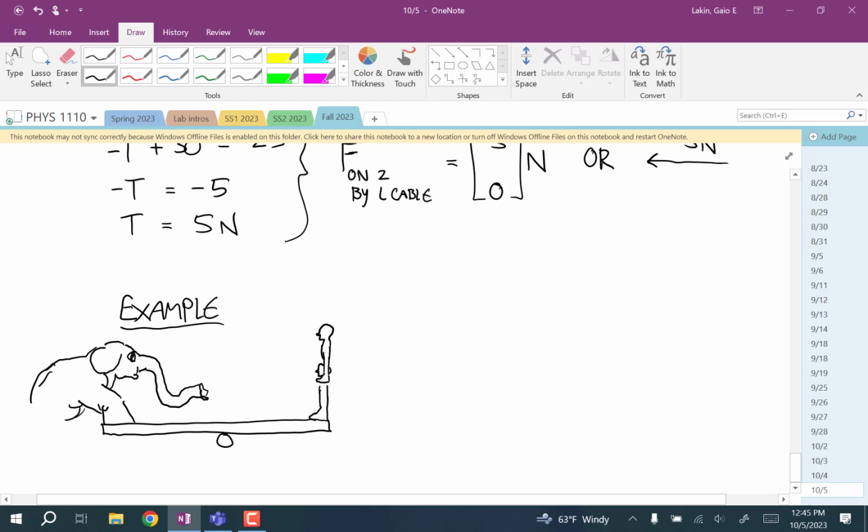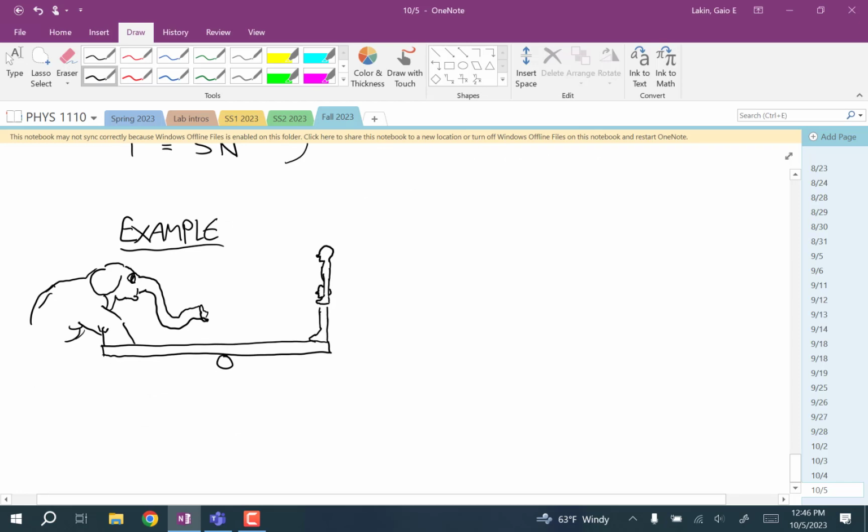But we're going to do some calculations about what kind of forces these people are going to need to withstand in order for this to happen. Okay, so let's say that the teeter-totter pushes up on the feet of the bottom guy with a force of 3,000 newtons.